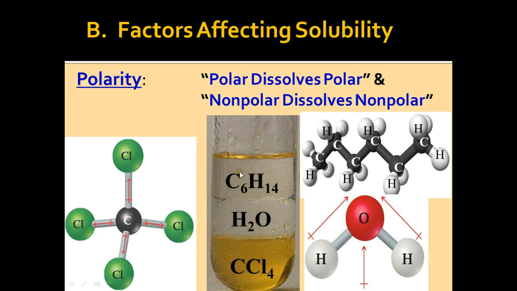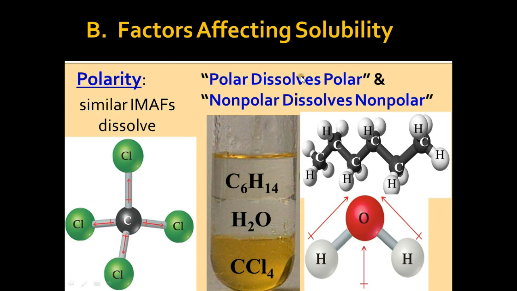So this is why this stack of liquids aren't dissolving, because CCl4 is nonpolar. Then we have a polar substance in the middle and a nonpolar again at the top. So pretty much this polar substance is separating these two so they can't dissolve, because remember, like dissolves like.